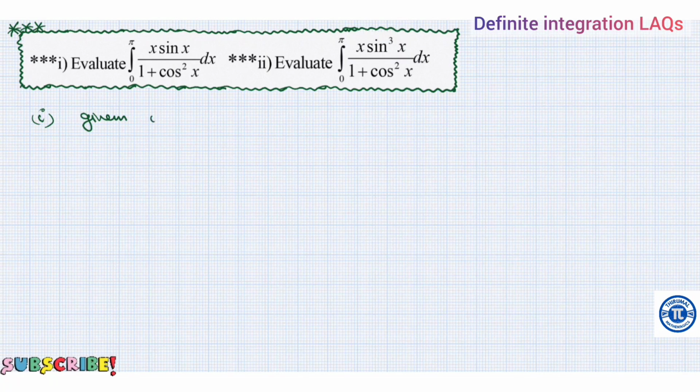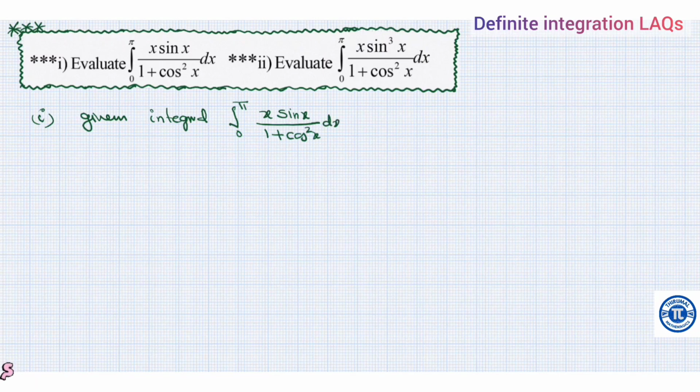Now the first given integral is the integration from 0 to pi of x into sin x by 1 plus cos square x dx.